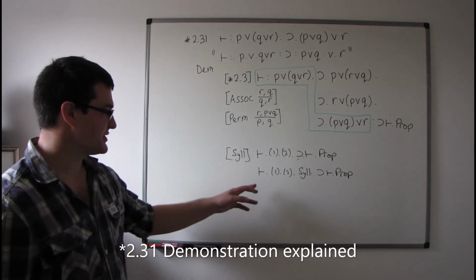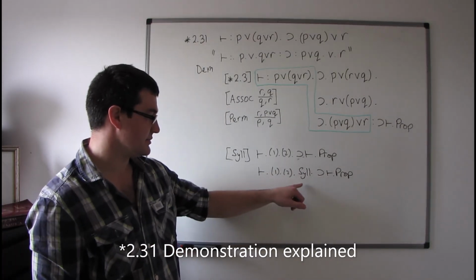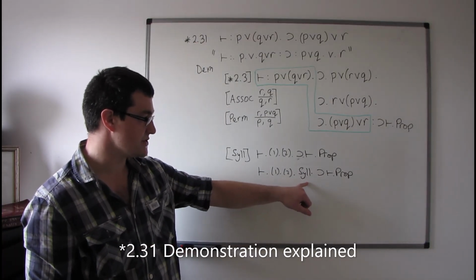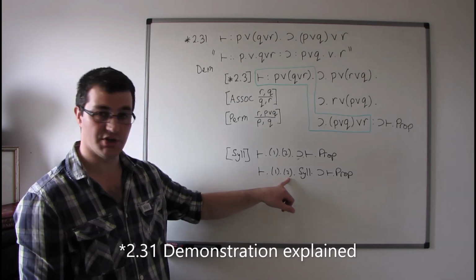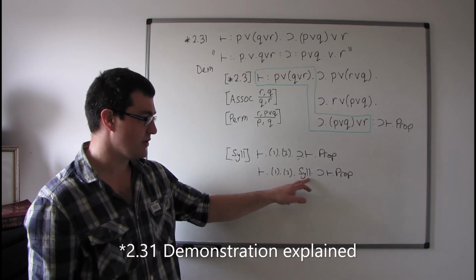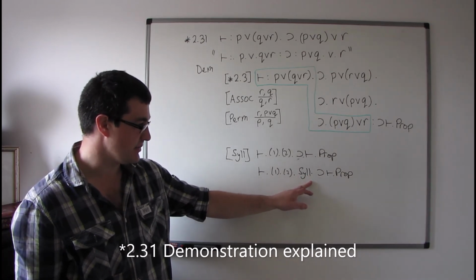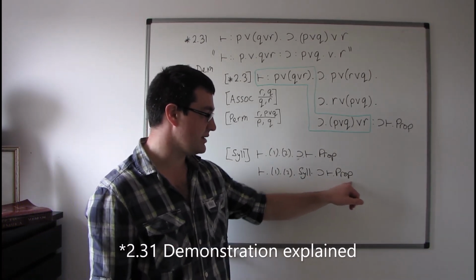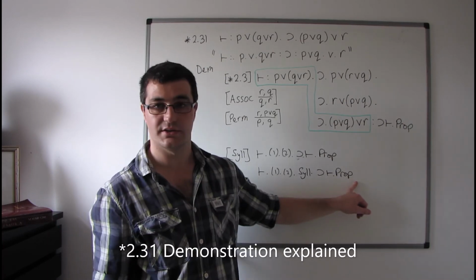So what this would suggest at first sight is that Syll is somehow being used alongside 1 and 2 as a premise. So we've got premise 1, premise 2, and a premise which is the syllogism, and from these somehow we're making the inference which takes us to the proposition.